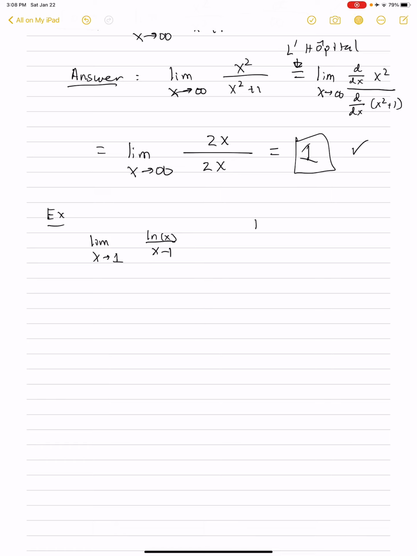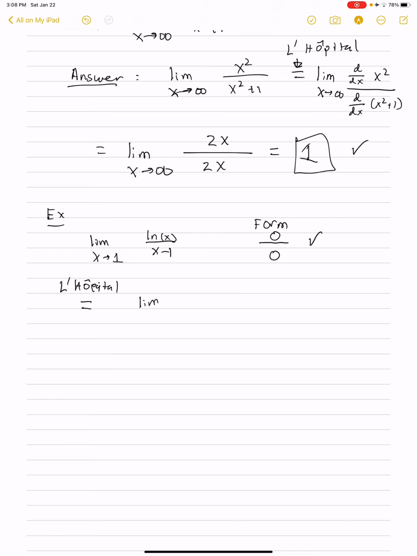If we ask for the form here, well, that would be like plugging in the value into the numerator and denominator. Ln of 1 is 0. The denominator is also 0, so it has the form of 0 over 0. That means go ahead and use L'Hopital. We have the green light.